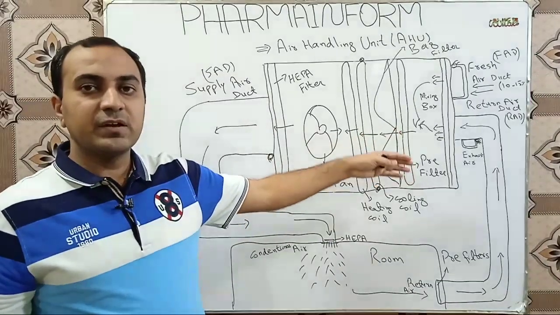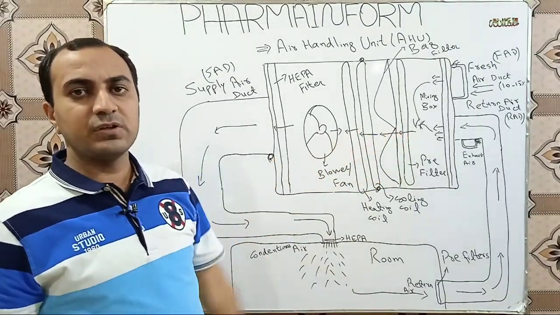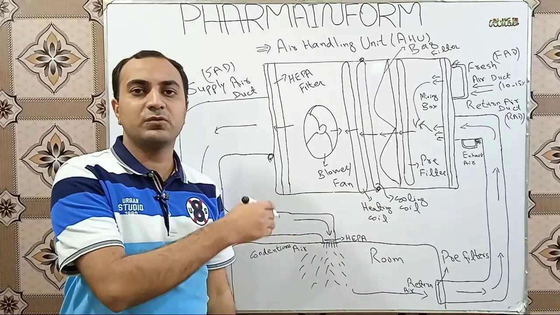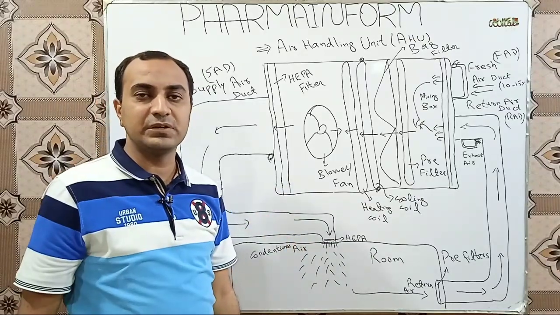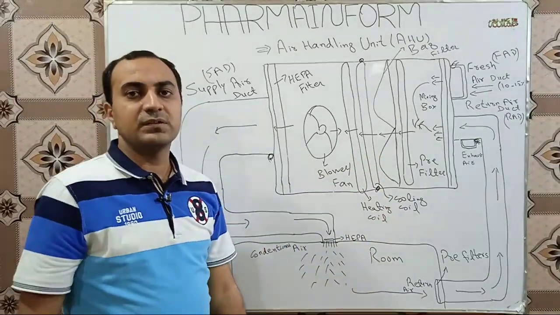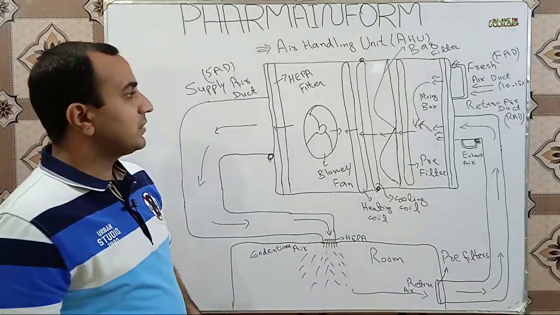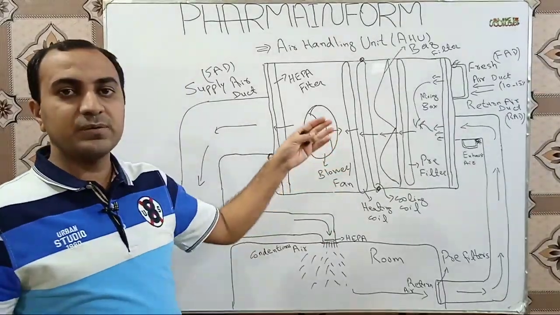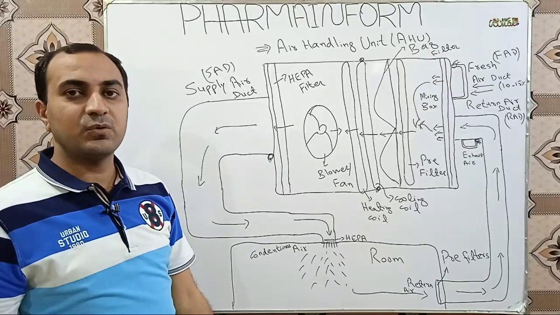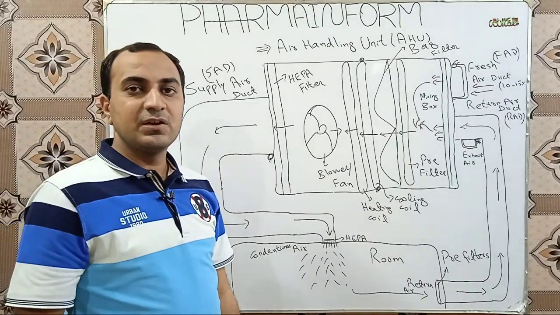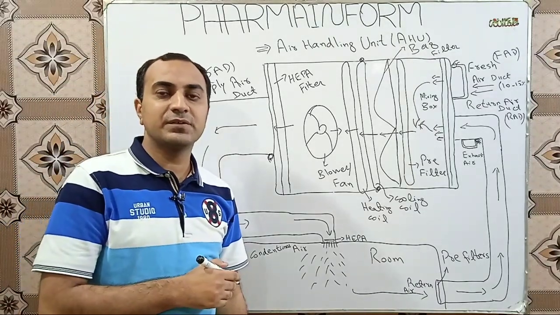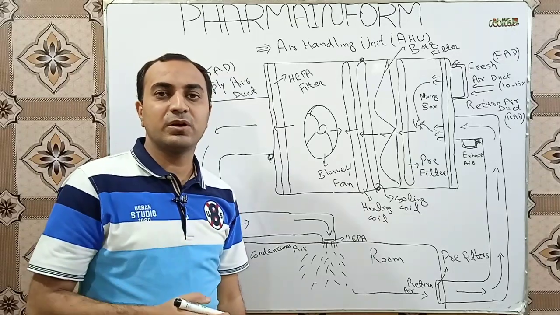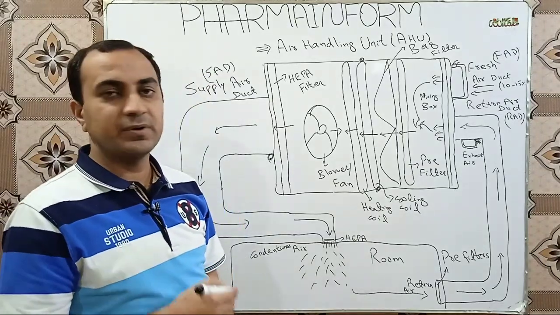The humidity can also be controlled through heating and cooling systems. So I told you about the silica beads wheel, we will discuss it in a separate video. Now I hope you are clear about the basic functioning of HVAC, which seems very complex and most of us are not aware how an HVAC system works.